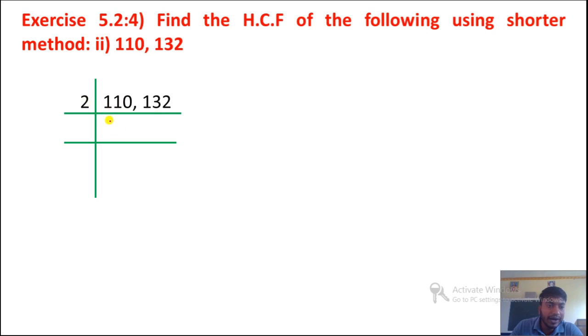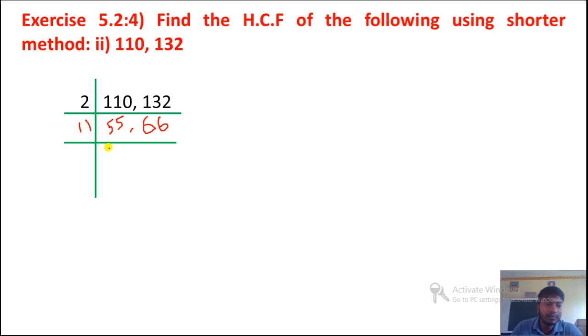Now divide. 2 5s are 10, 1 left, 1 0 is 10, again 2 5s are 10, keep comma. Now divide this one. 2 6s are 12, 1 left, 1 2 is 12, again 2 6s are 12. Now by 2 we cannot divide both numbers. Then we will take the next prime number, which is 3. By 3 also not possible, by 5 also not possible, 7 also not possible, 9 also not possible. Now we have 11.